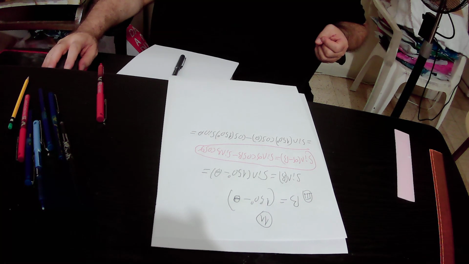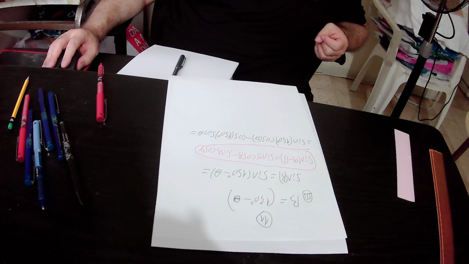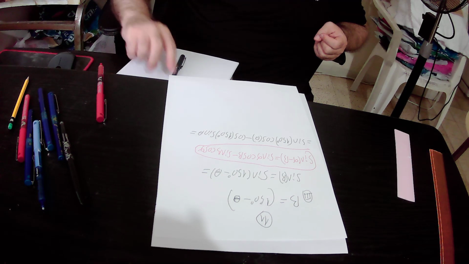Okay, and what is the value of sinus 150 degrees? The value of sinus 150 degrees is 1 over 2.